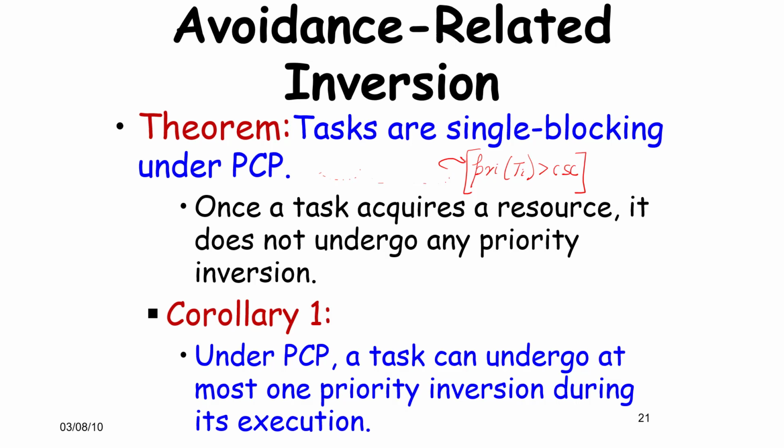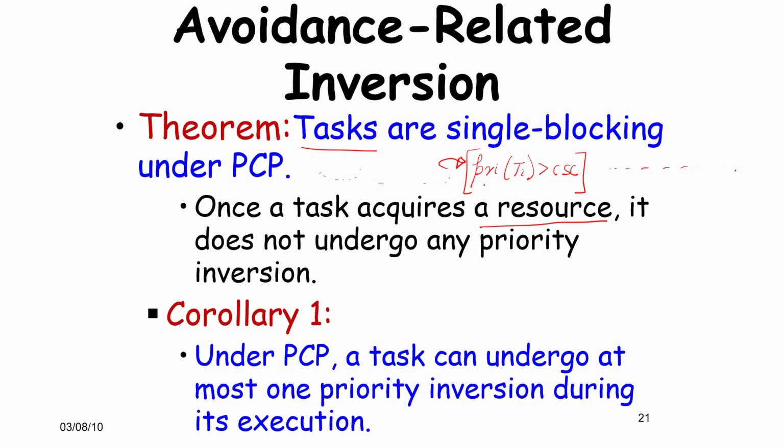The important point is that whenever a task acquired a resource for its first time, its priority must have been greater than the current system ceiling. Once it has acquired a resource, the other condition of the resource grant rule kicks in, which is that since it has set the current ceiling, it will continue to acquire resources.